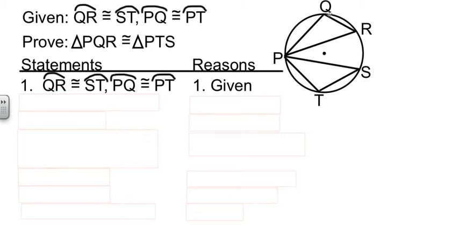We know that arc QR is congruent to arc ST, and arc PQ is equal to arc PT.